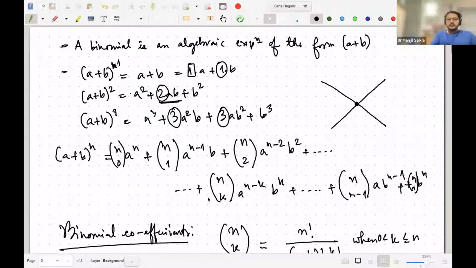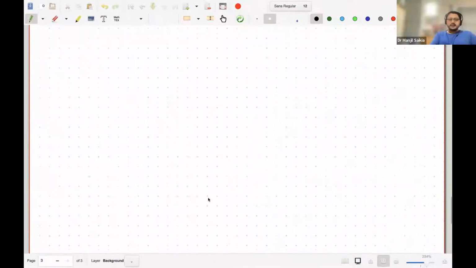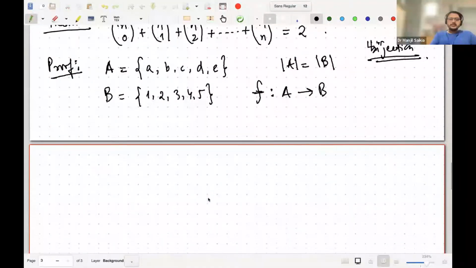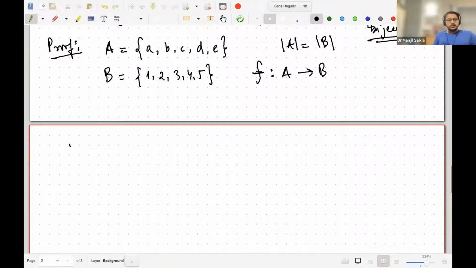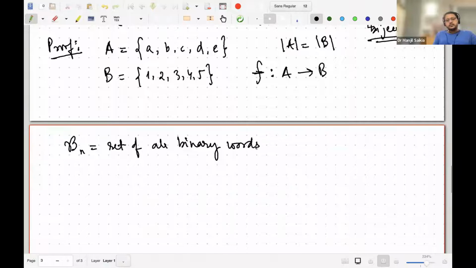I'm going to now construct a bijection between two different sets. Okay, and the sets that I want to construct a bijection between are these two. So B of n is now the set of all binary words of length n. And what do I mean by binary word?